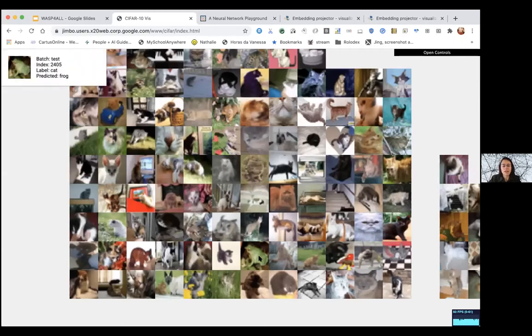I click on this image and the human label is cat. However, I look at this and my system is like, oh no, I'm 100% sure it's a frog. And I have to agree with the system. It is a frog. And so this is an interesting point where just by looking at your data, you can see mistakes that have been made and that people have been working with these mistakes because it's kind of hard to find them.